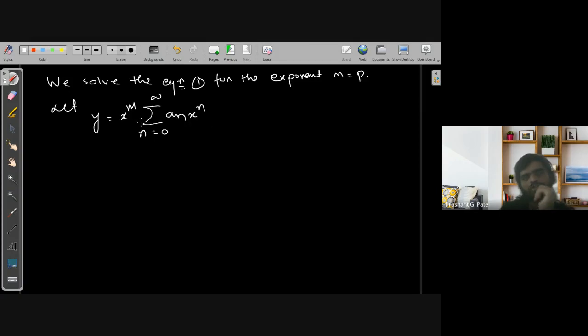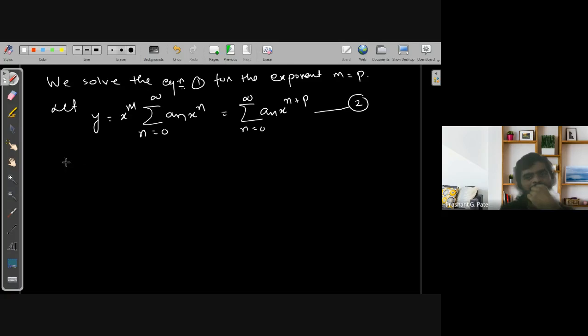This is the solution by Frobenius' method, we can say, where we are assuming m equal to p. So that's why this is the summation n running from 0 to infinity of a_n x raised to n plus p. I will call this statement 2.